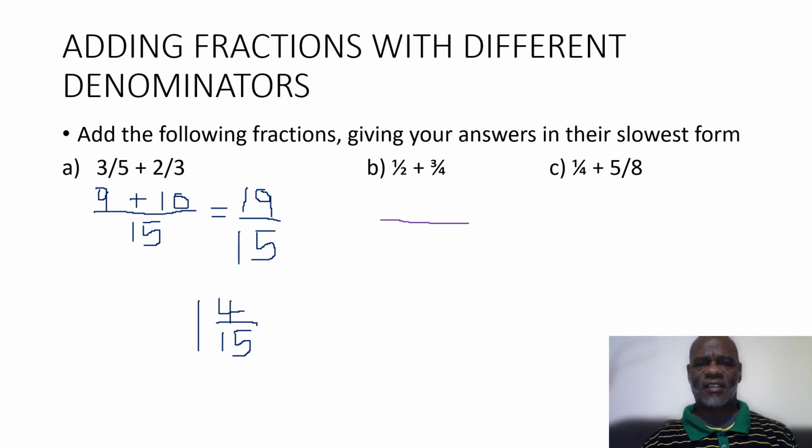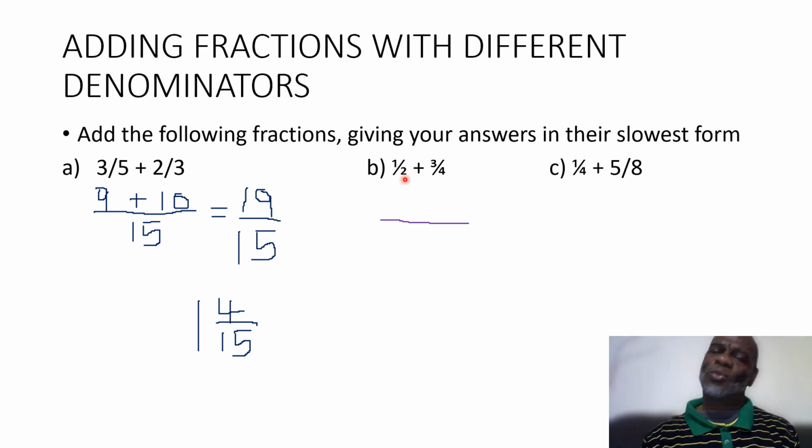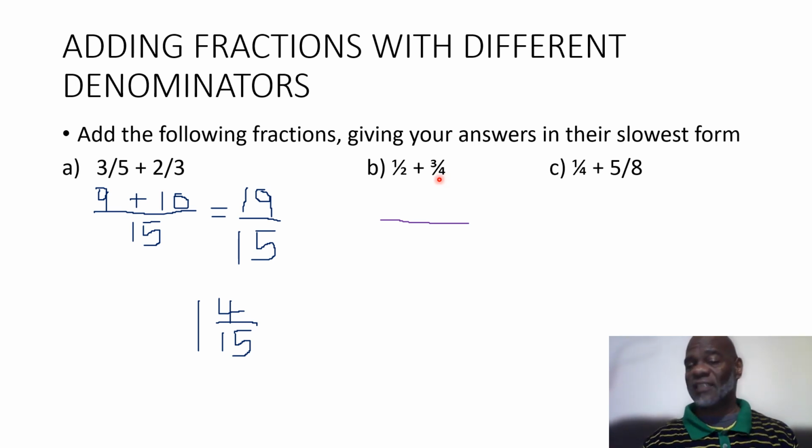like that. Then we look at, let me get my pointer. We look at the denominators again. So denominators here are 2 and 4. Now we are going to see what is the least common multiple of 2 and 4. Now in this case, notice if we multiplied 2 by 4, that's going to give us 8, right?